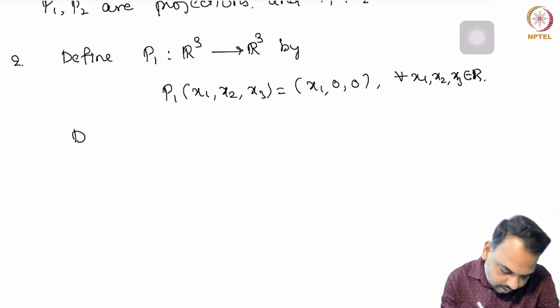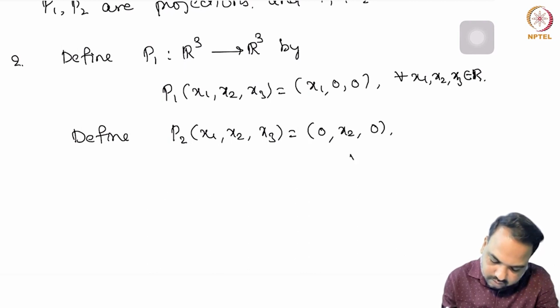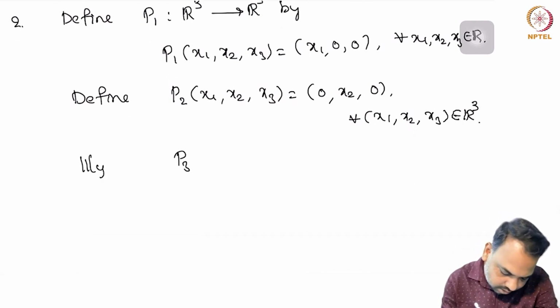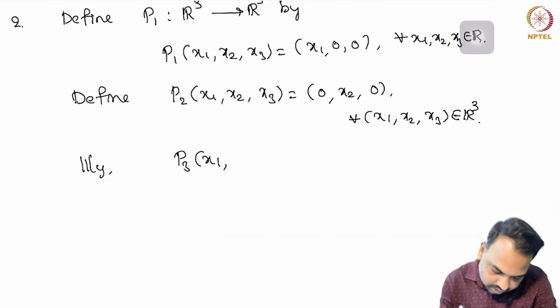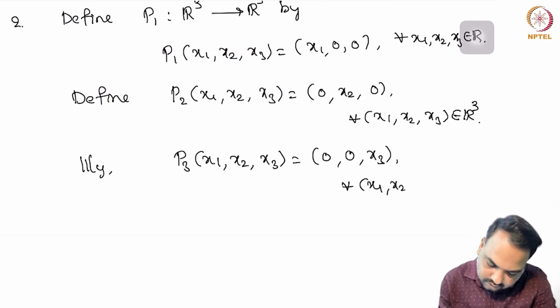So similarly define P2 of x1, x2, x3 as 0, x2, 0 for all x1, x2, x3 in R3. And similarly we can define P3 of x1, x2, x3 as 0, 0, x3.